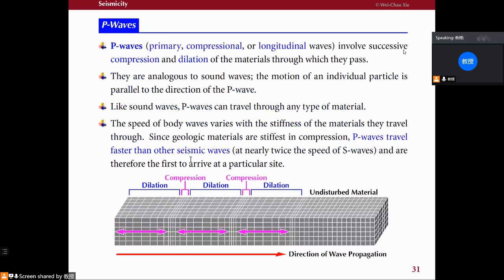Okay, now let's look at each wave in detail. P waves are also called primary waves. So P comes from primary, or compressional, or longitudinal waves. They involve successive compression and dilation of materials through which they pass.